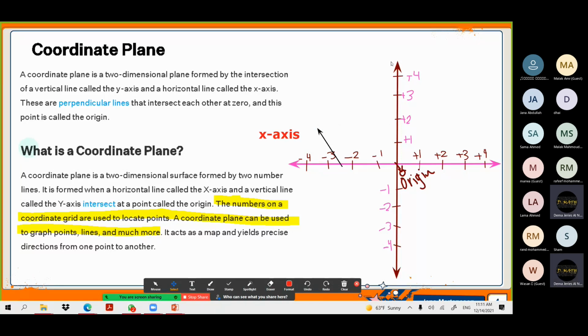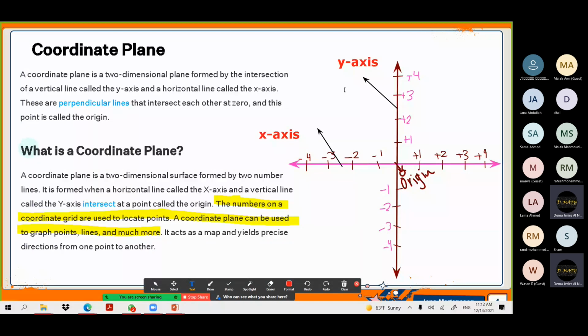And the vertical one, now its name is changed and we call it the y-axis. So this is the first part. They are two lines. They are intersecting at 0. One is horizontal, which is the x-axis, and one is vertical, which is the y-axis.